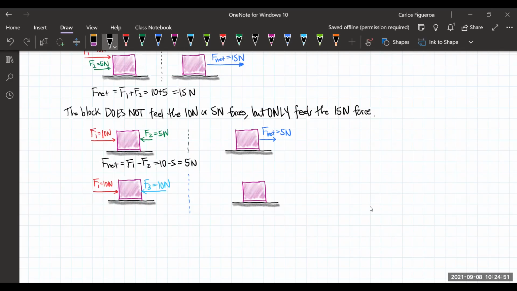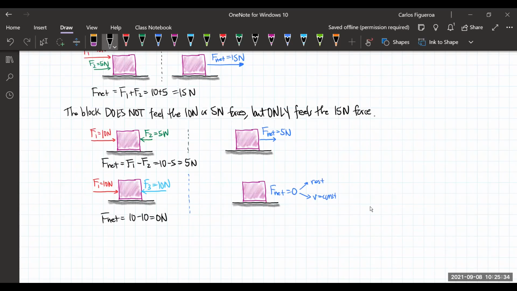According to Newton's second law, the net force in this case is 10 minus 10, which is 0 newtons. This object doesn't feel anything. Nothing happens to that object. So only 2 situations can give us this scenario: either the block is at rest and stays at rest, or the block is moving at constant velocity and continues moving at constant velocity.